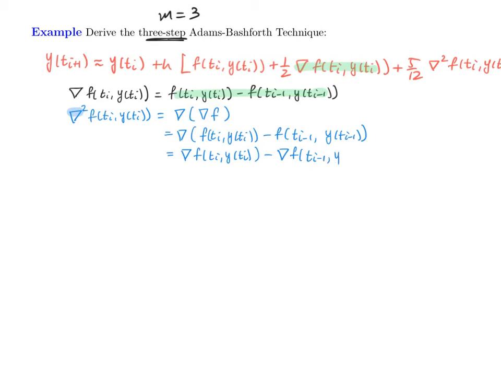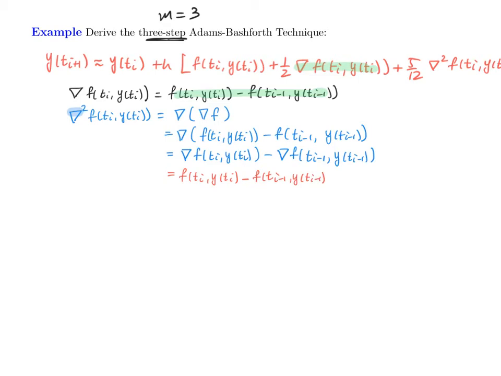Just be careful with the indices. So this first part, again, it will be f of ti, y of ti minus f of ti minus 1, y of ti minus 1.